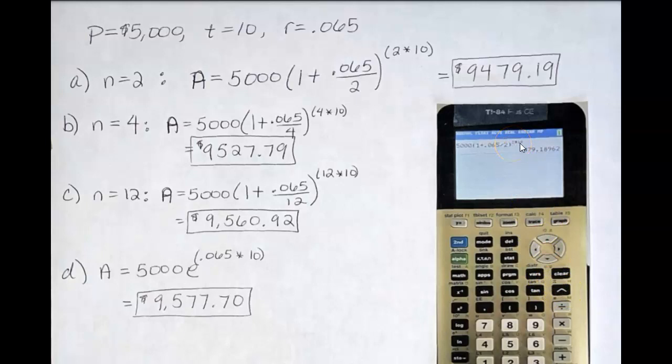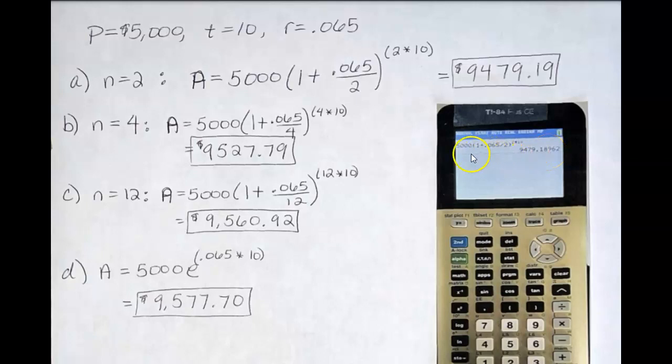If your calculator is an older version and it doesn't give you the little box for the exponent, make sure that the 2 times 10 is enclosed inside of a parentheses to make sure they're getting multiplied in the exponent. Or you could just type 20 if you can do that in your head. So if you just enter that on your screen and press enter, it just gives you the answer, right? There's no extra steps. You will be expected to round appropriately to the nearest cent. So $9,479, and this would round to 19 cents.